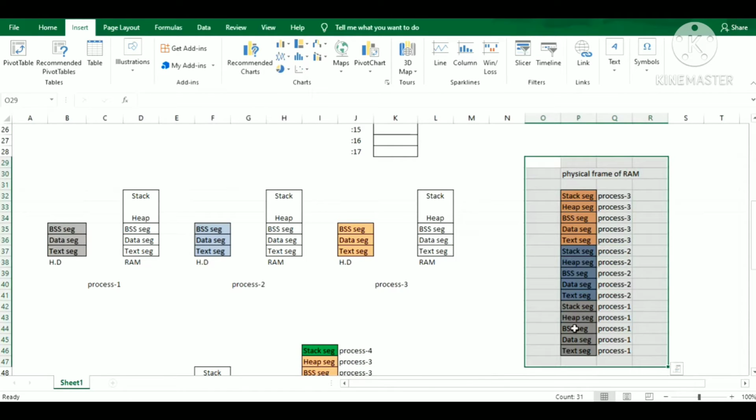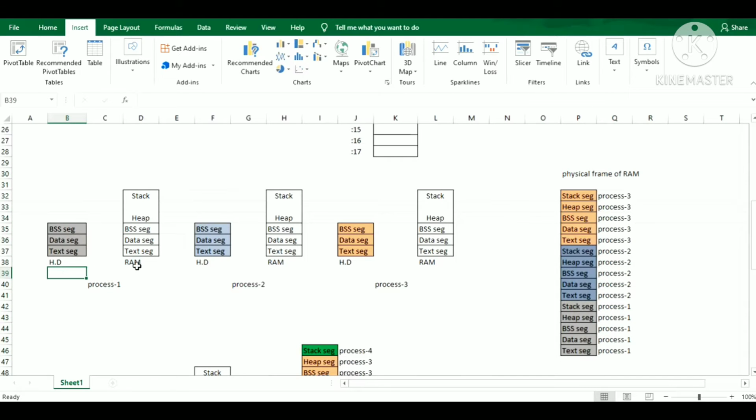See here, the process 1 first segments will load into the physical frame of the RAM. I have given colors for each process: process 1, process 2, and process 3, and I have marked those segments in that physical frame of the RAM.